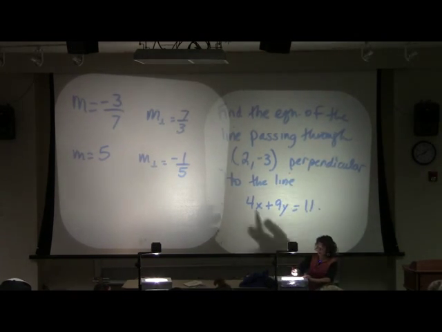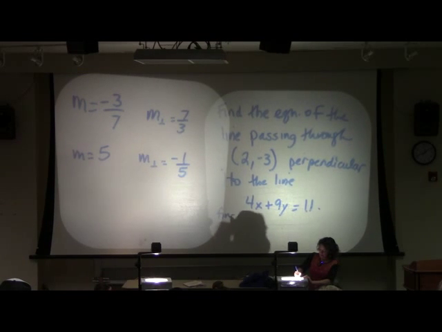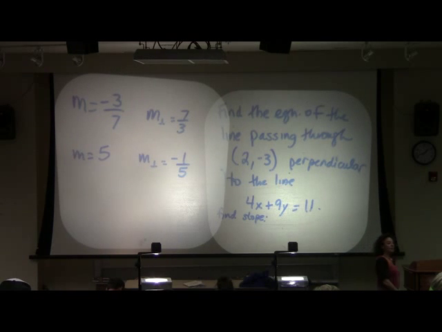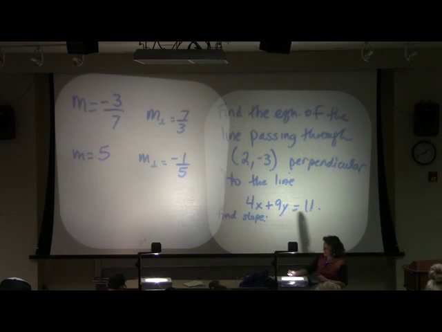Okay? So, let's first find the slope of this line. This harkens back to an example I did just a little while ago. What is the easiest way to find the slope of a line when it's written like this? Solve it for y.